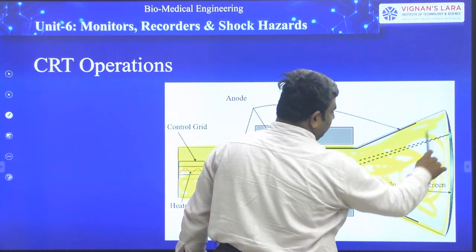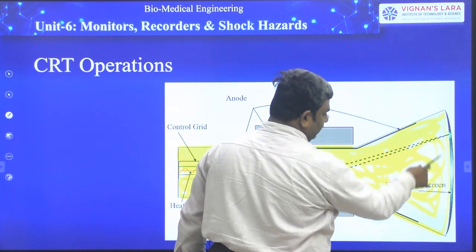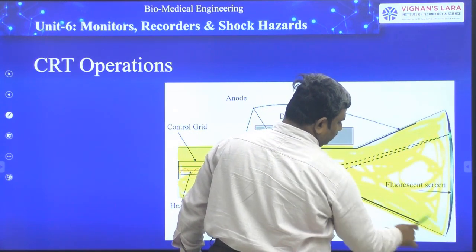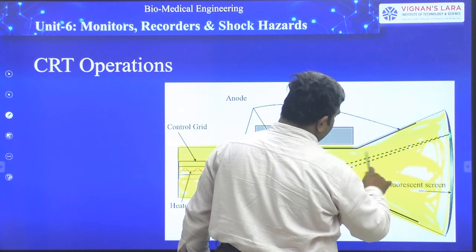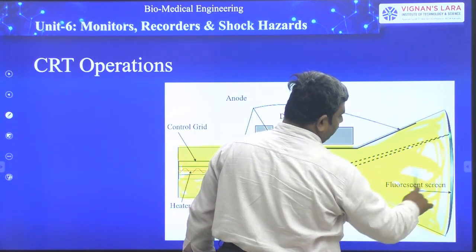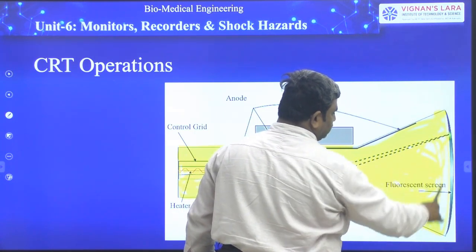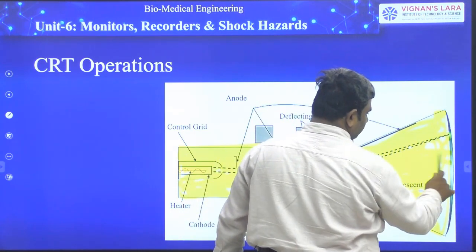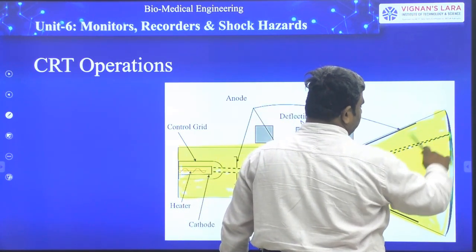You can see the CRT tube clearly here. The CRT tube consists of a completely vacuum based structure.